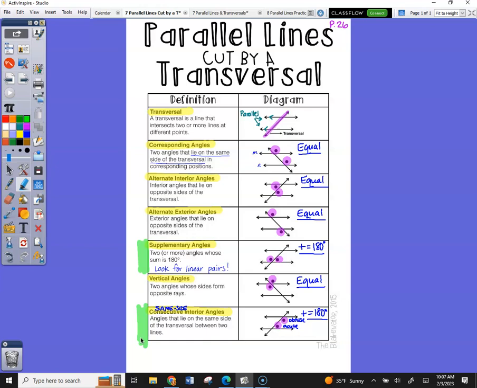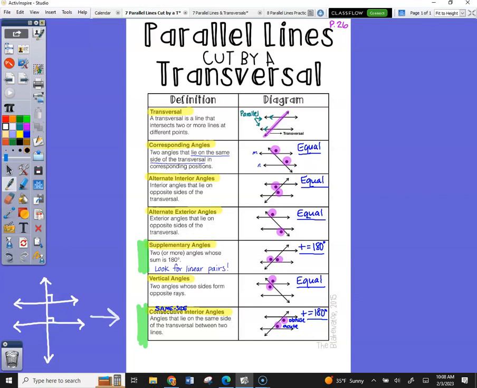Okay? There's one counter example. You don't have to write this. I just want to show you in case it comes up. To this one right here, okay? If we have parallel lines cut by a transversal, and that transversal runs at a 90-degree angle, which is called perpendicular, by the way.